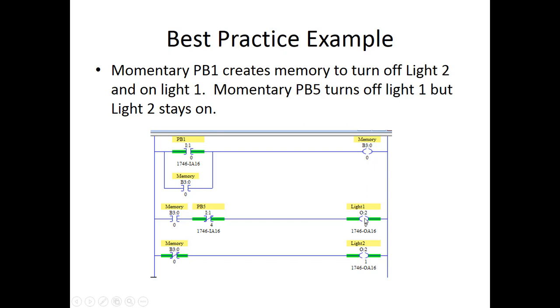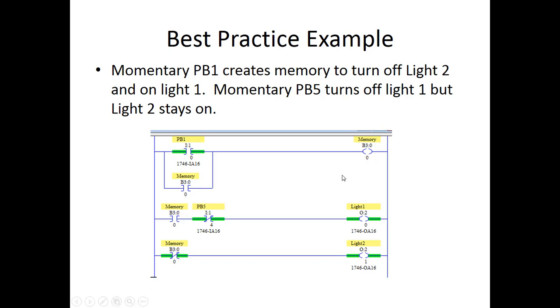But the problem is, if I would have used light 1 as my holding contact in my holding OTE, then pushing 5 would have killed the memory. And then this third rung right here would have been affected. The memory that was holding this here wouldn't have been part of it, and it would have gone back to its original state.